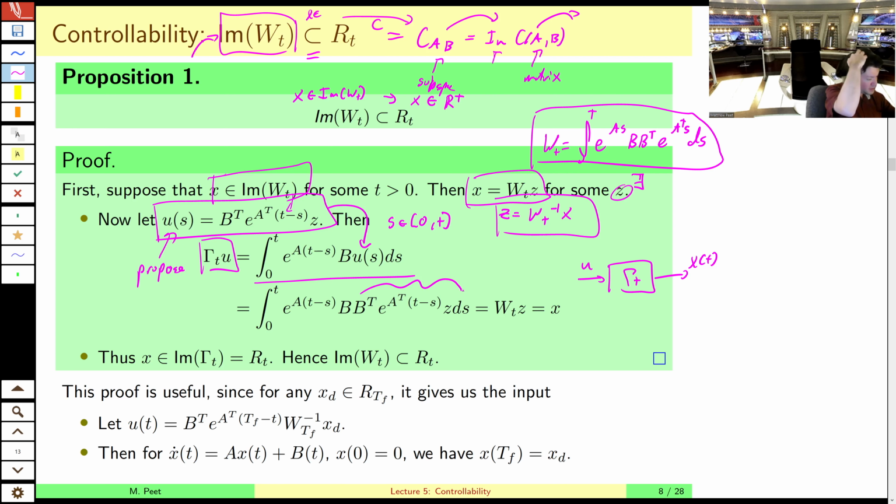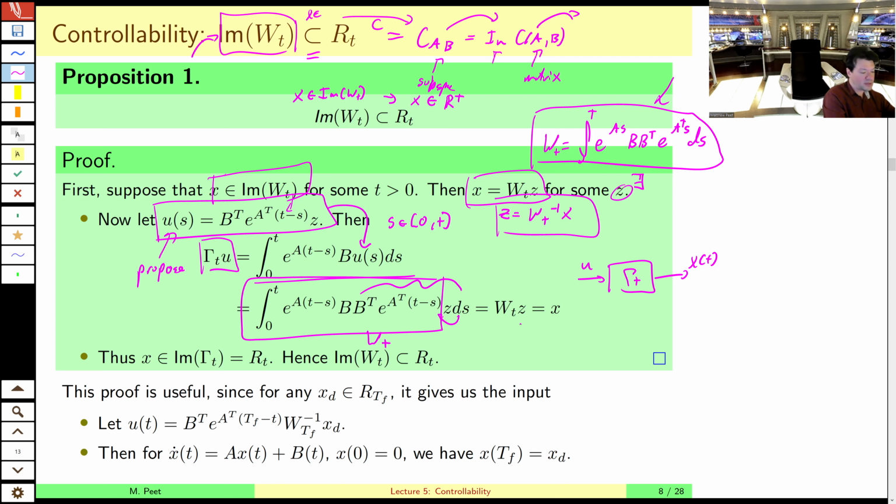So now we plug it in there. And what do we have here? Well, we've got an extra z here. But this should look familiar. We're just going to move that dS there. And then this big thing here is this big thing here. This is just W_T.